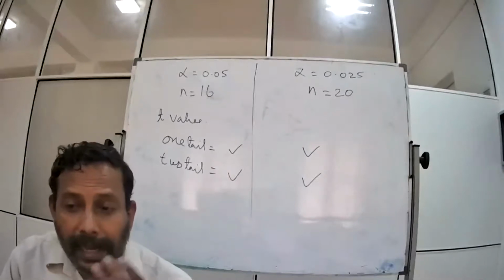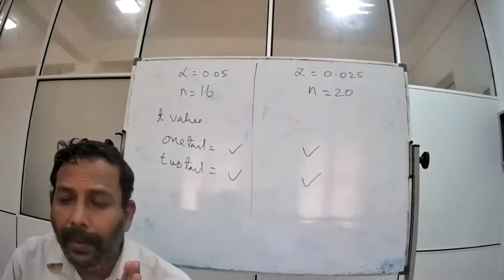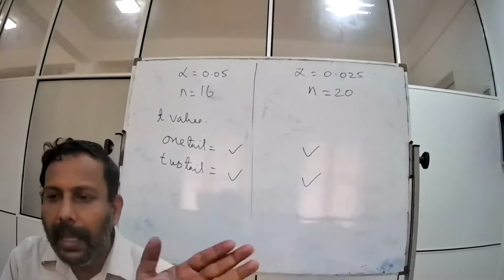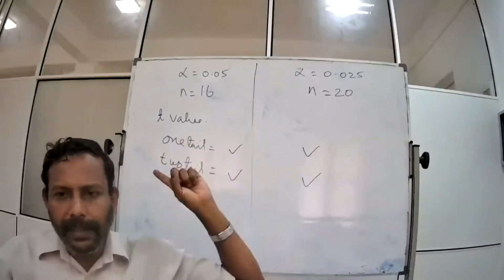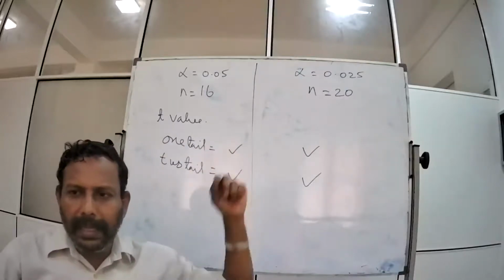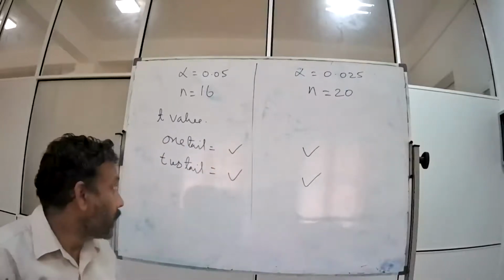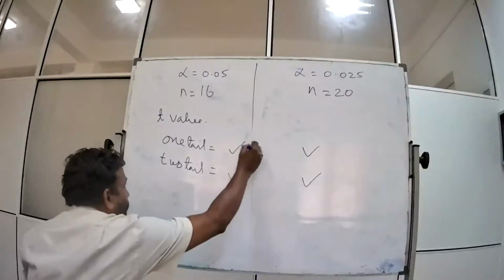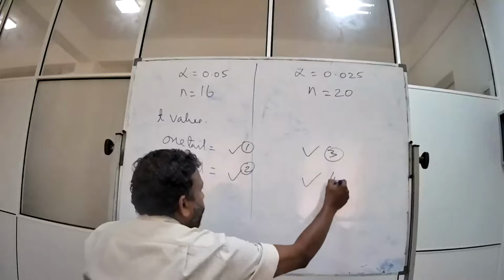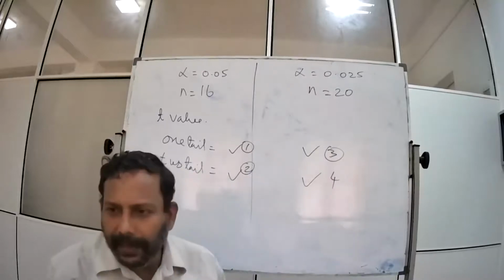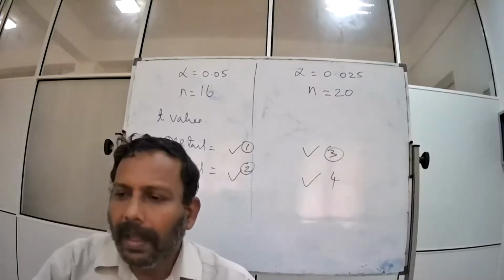Give all the answers at once. Don't give answers one by one. There should be 4 answers in a sequence: answer 1, answer 2, 3, 4. So write like this and send it to me.